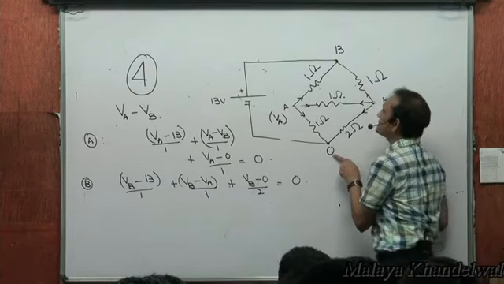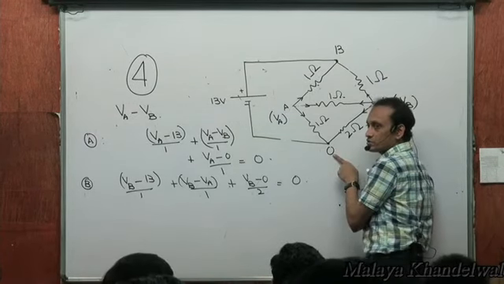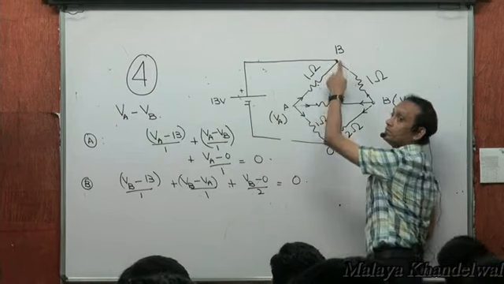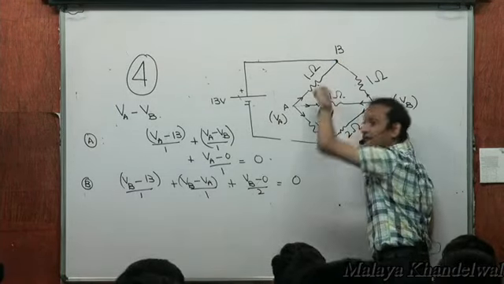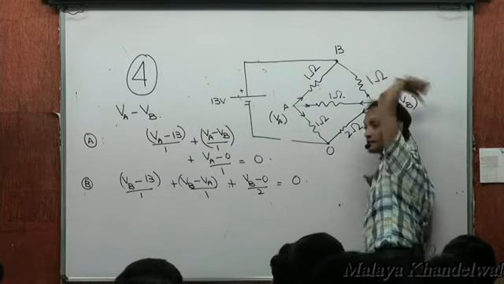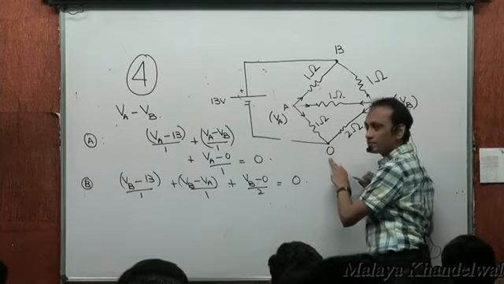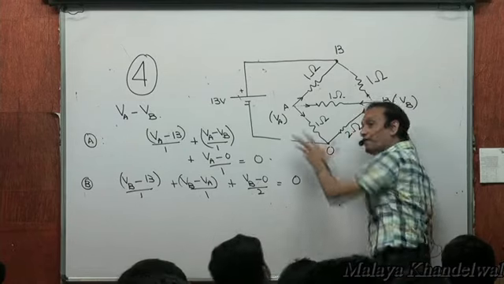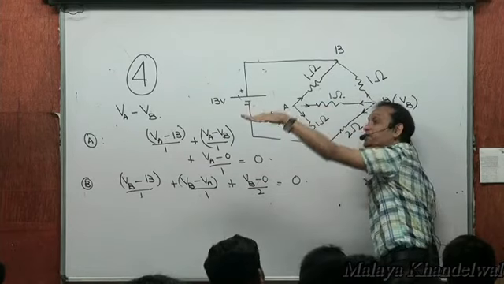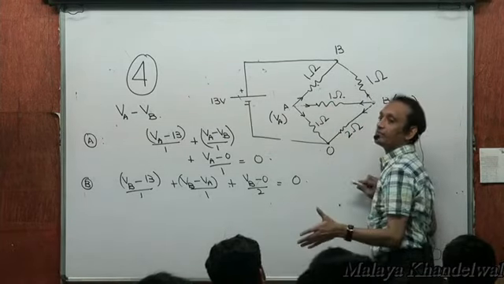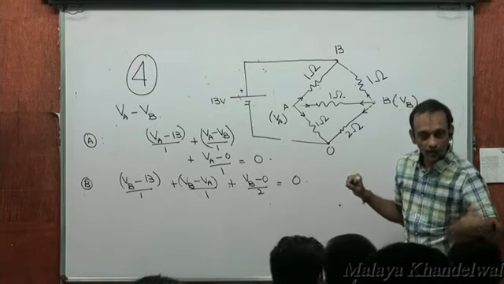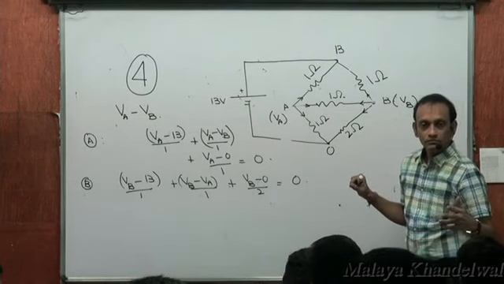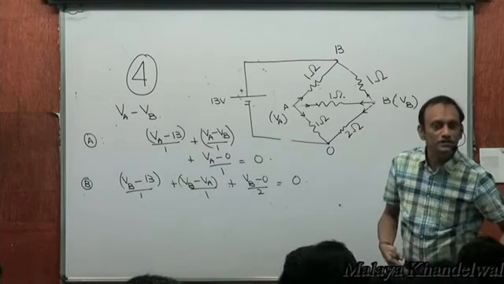See, if I selected this as 20 volts, this will become 33 volts. VA will become VA plus 13, VB will become VB plus 13, or whatever, 20. Everything will increase by 20, but the differences will remain the same. The differences VA minus VB will remain the same. You know what I'm saying? I'll repeat. Because there is no concept of an exact potential, dude.